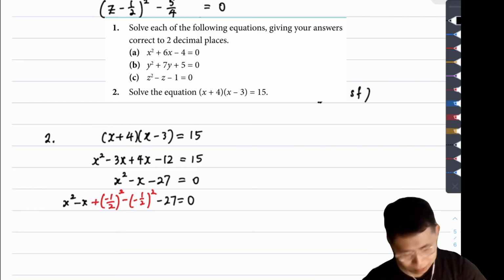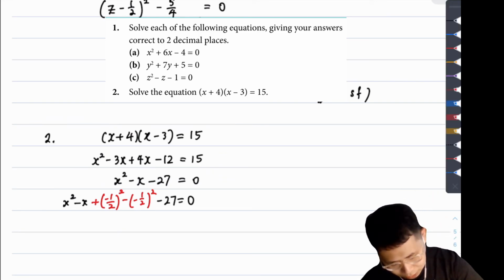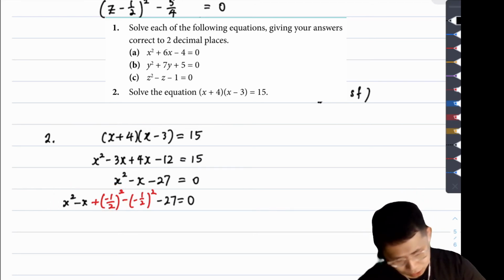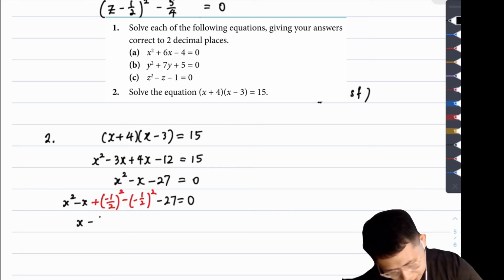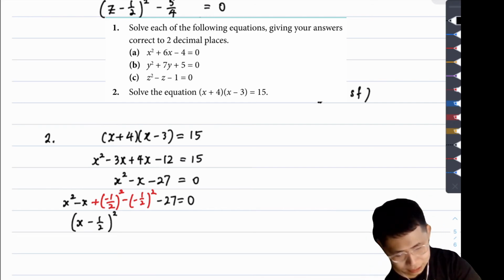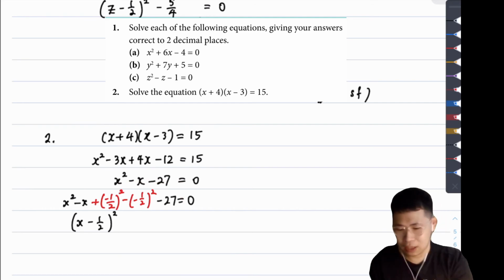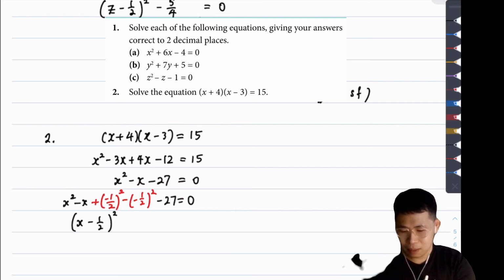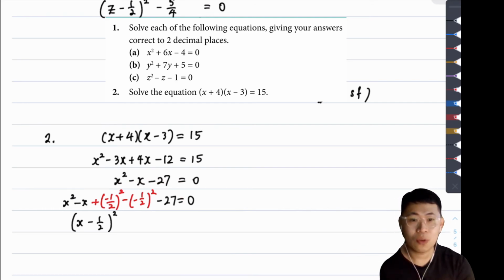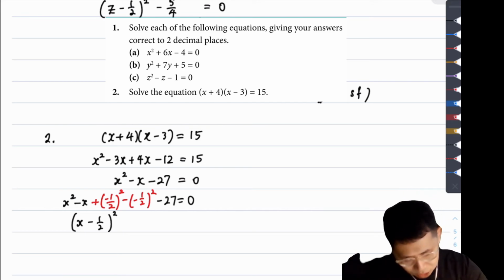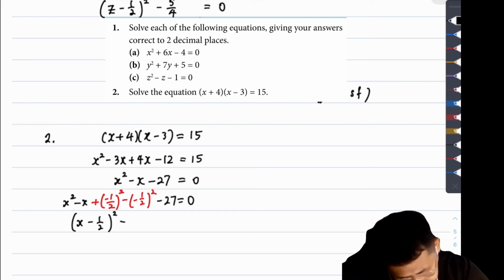Then complete the square for the first three terms. So here we have x minus half squared. On this side, we will simplify with the calculator: minus negative half squared minus 27 gives minus 109 over 4.